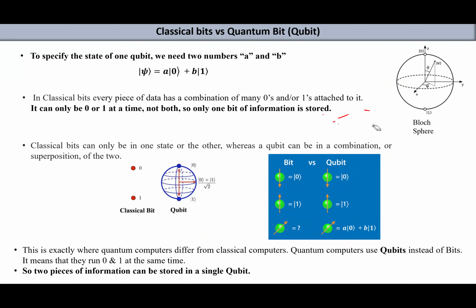Is that the difference basically? Yes, exactly, this is the difference. 0 and 1 can be stored, but superposition can also be stored. So there is an extra state in the quantum system, and this is where the quantum supremacy comes from. You're right. Okay, sir. Thank you.